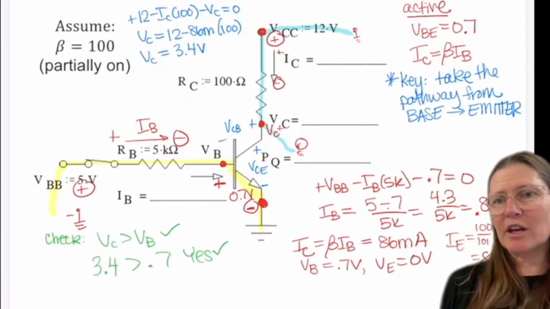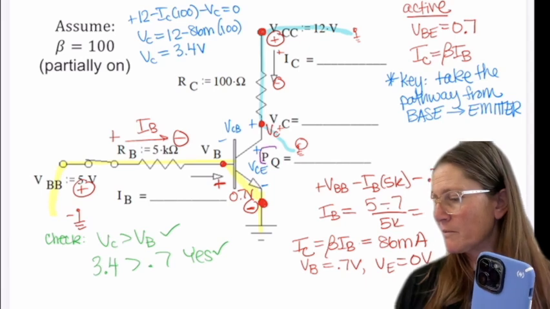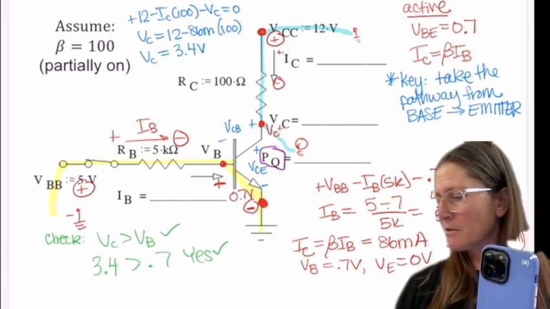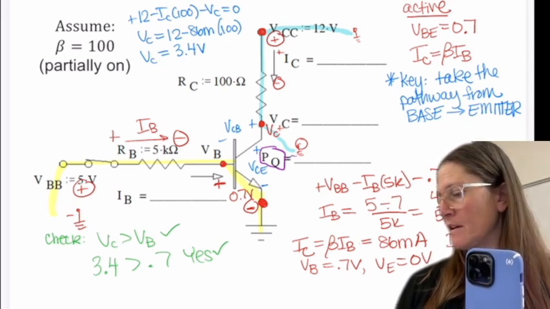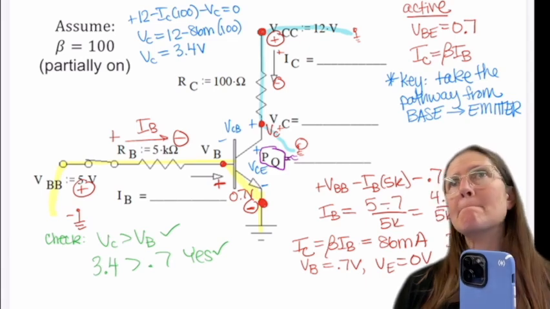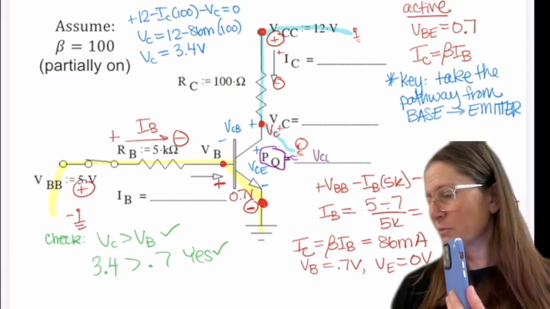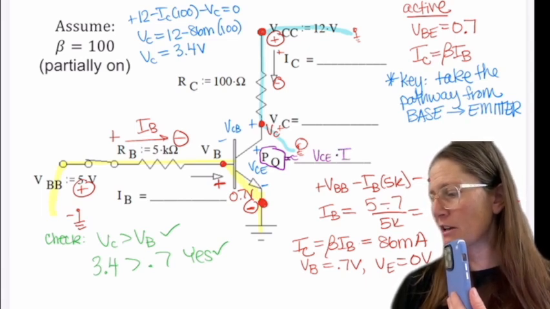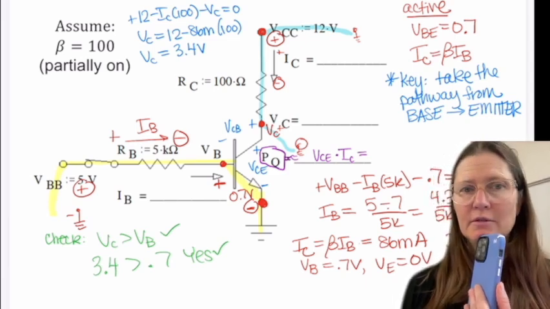I forgot to calculate the power. So we're going to, what will the power be here? It will approximately be what? VCE times IC. Correct. VCE times IC. And in this case, what is VCE?